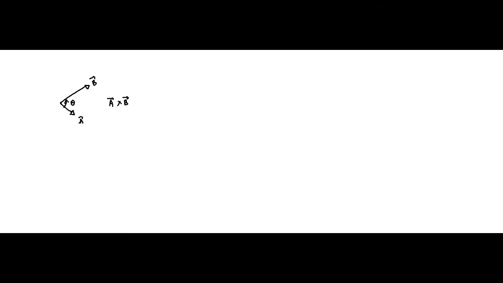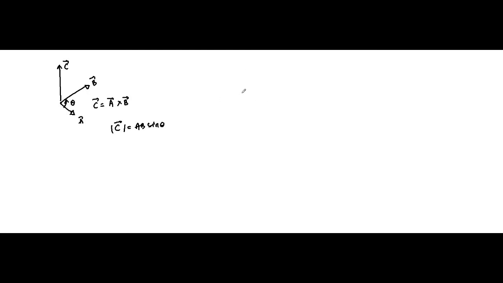The direction of the resultant is mutually perpendicular to the plane containing the two vectors. It is like this. So C vector magnitude is AB sine theta, and this is the direction.